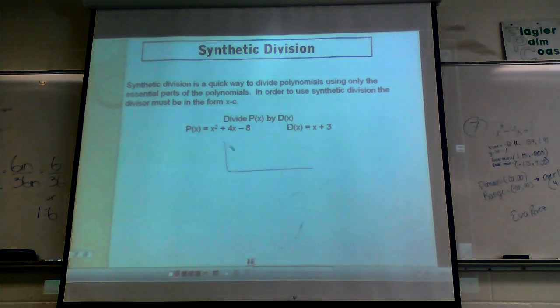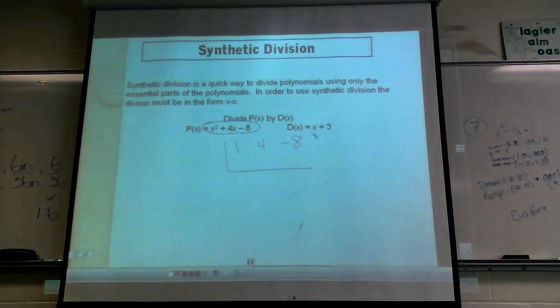I've seen it written different ways, like the little division bar kind of thing. And at the top, I put all the coefficients for whatever's being divided. Like this is my main polynomial. So the coefficient of x squared is a 1. So I put a 1 there. Coefficient for the x is 4. And the last one's negative 8.